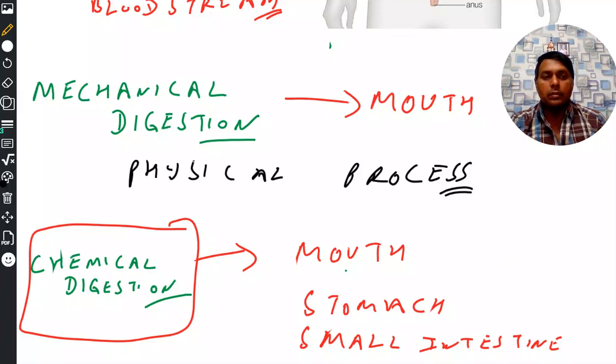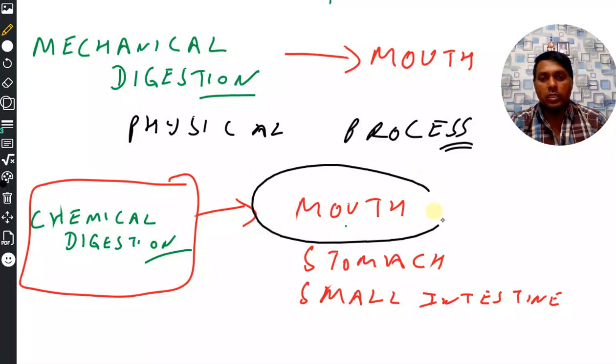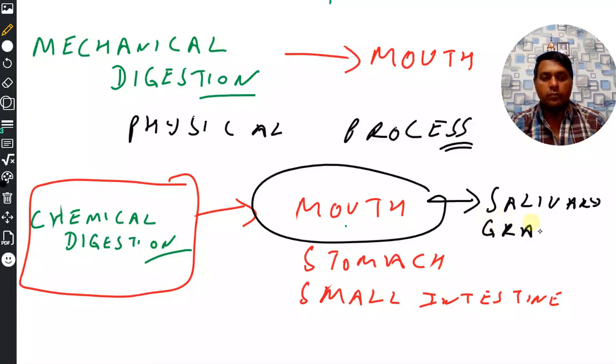The next thing is the chemical part. You can see in the mouth, saliva begins to break down food, and it continues in the stomach, where stomach enzymes are there. So chemical digestion starts from the mouth. There are salivary glands. Do you know the names of those glands?